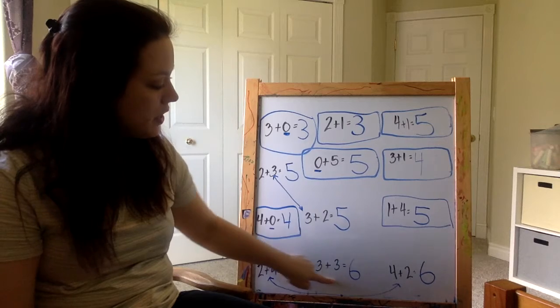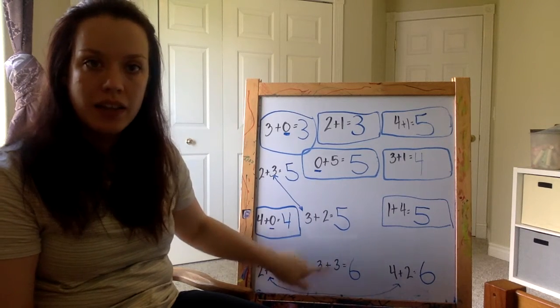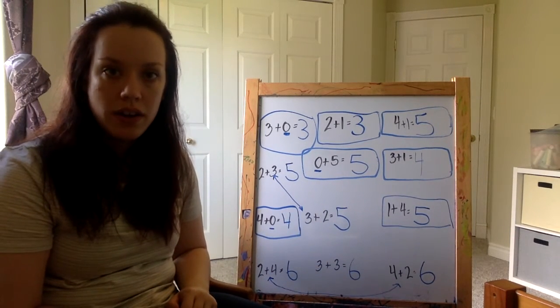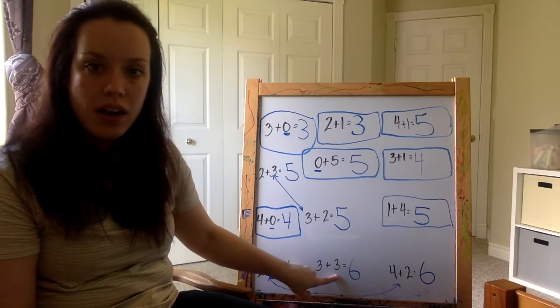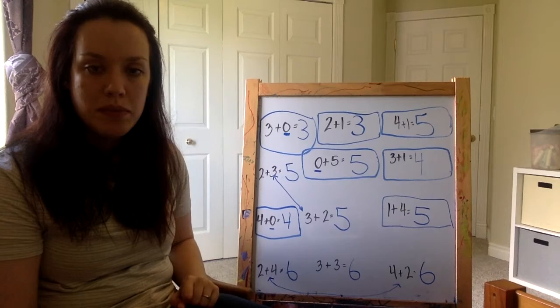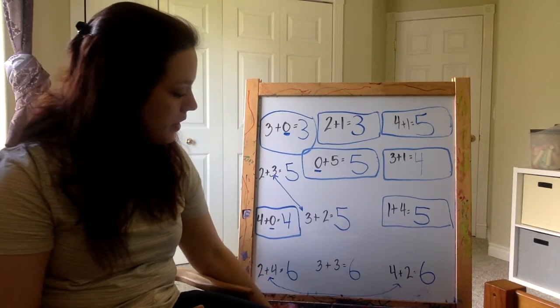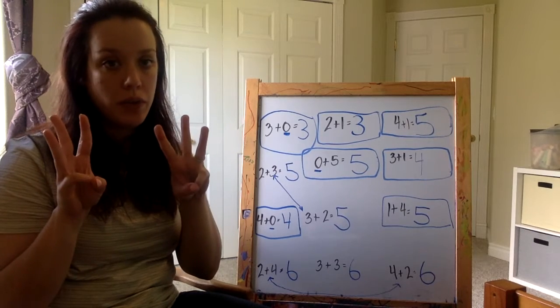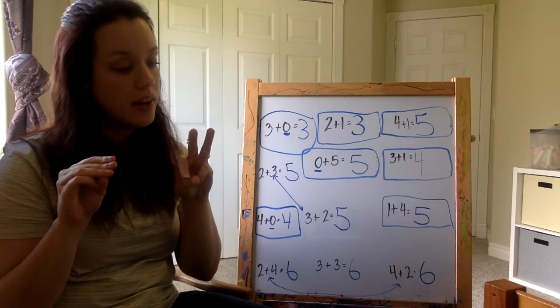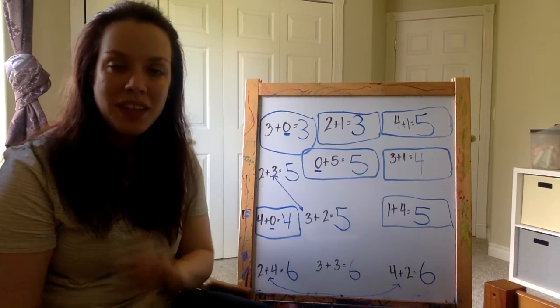Your last strategy, our new strategy from Monday, is counting on. Use one number and count on that many times by the second number. And that will help you solve your addition problems a little bit faster than if you have to start with 3 and 3 and count from 1 every single time. Good luck!